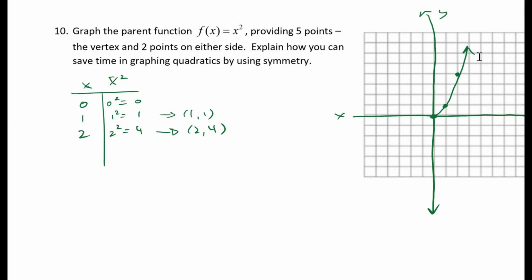And then we can use symmetry, since we know that parabolas are symmetric along the line going through the vertex, well, we know this point is going to be here due to symmetry, and this point will be here due to symmetry. So we don't even have to do the table to get that, finish drawing this parabola that way. And so this is the parent function f of x is x squared.